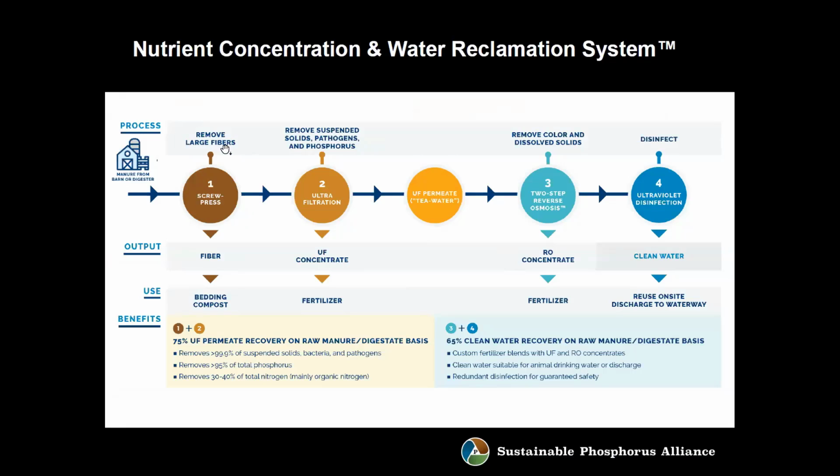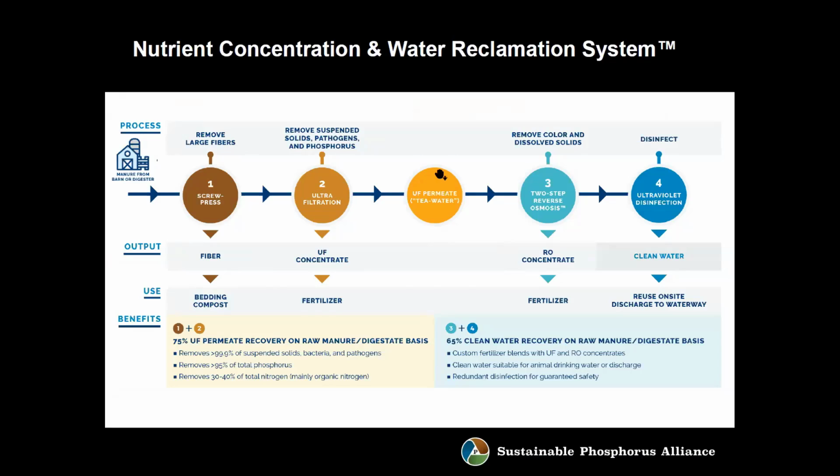We typically start by screw pressing raw or digested dairy or hog manure. That pulls out a fiber that sites can use as bedding for animals, especially on dairies, or to make compost. The pressate, or the liquid manure that comes out of the screw press, goes into our ultrafiltration system. That splits it into 2 streams.